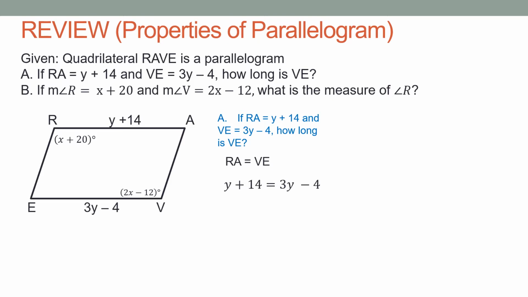Combine similar terms using properties of equality, we have 2y equals 18. Divide both sides of equation by 2, y equals 9. To get the length of BE, substitute the value of y into the expression of BE, which is 3y minus 4. 3 times 9 minus 4, so 27 minus 4, BE is equal to 23.